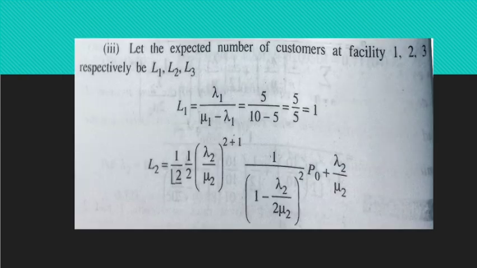To get LS, we have to find L1, L2 and L3. L1 at facility 1, it is a single server model. Therefore L1 is lambda 1 by mu 1 minus lambda 1. So the value is 1. For L2, this is a multiple server facility at 2. Therefore the formula is 1 by c factorial into c to lambda 2 by mu 2 whole power c plus 1 into 1 by 1 minus lambda 2 by c mu whole square into P naught plus lambda 2 by mu 2.